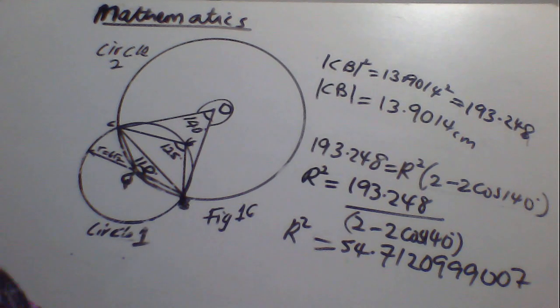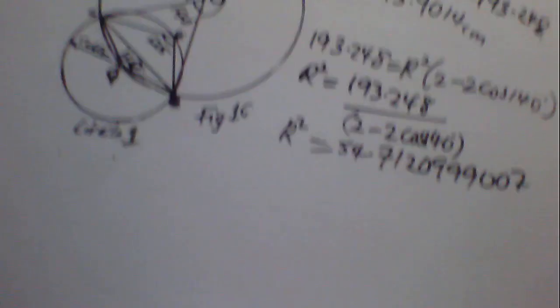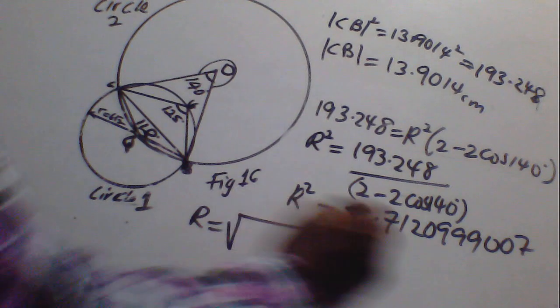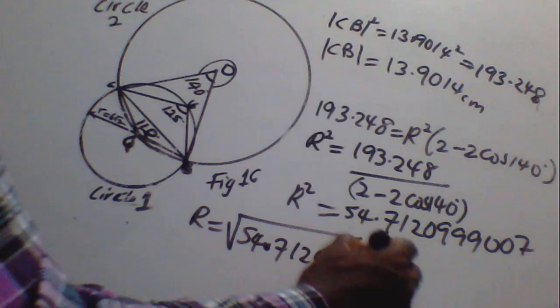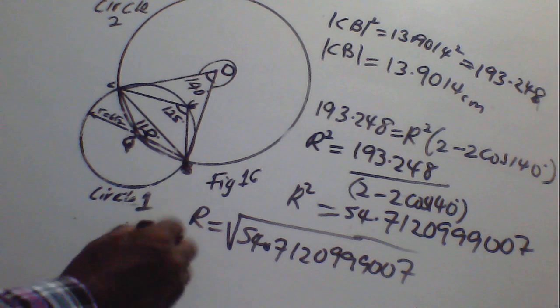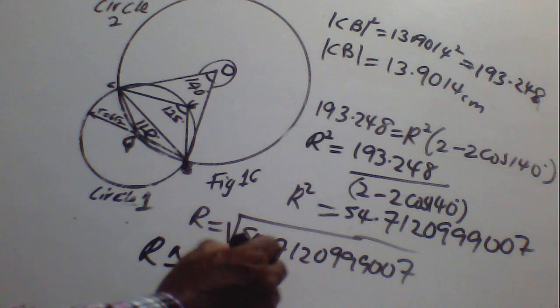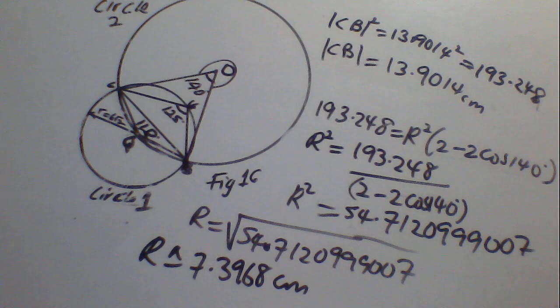So from here we continue. The next thing is to find the square root of both sides. R is the square root of 54.7120999007. If you do that, you have R to be approximately equal to 7.3968 cm.